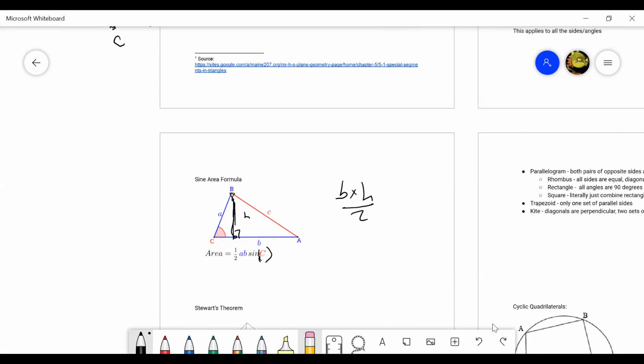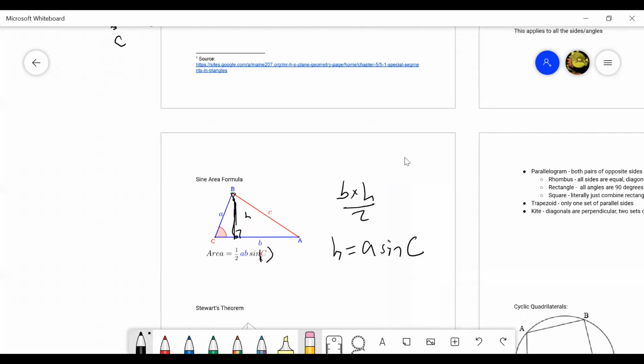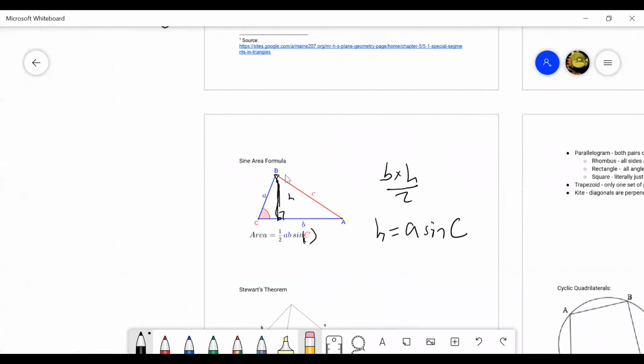And this height can be written as A times sine of C. This is because, from the definition of sine in this right triangle formed from the height, the sine is just going to be the ratio of H over A. So we multiply A by the sine, and that's just equal to H. After that, all you would do is substitute this in, and you get exactly 1/2 AB sine C as the area of your triangle.